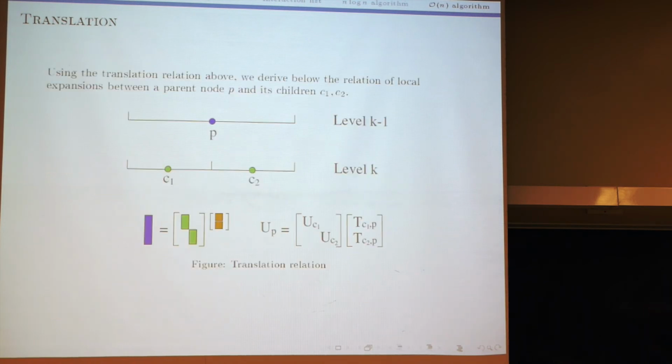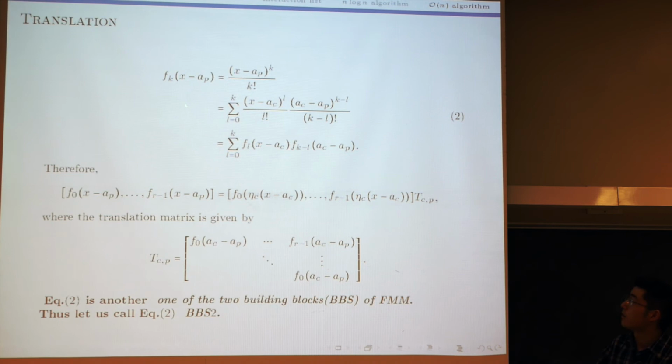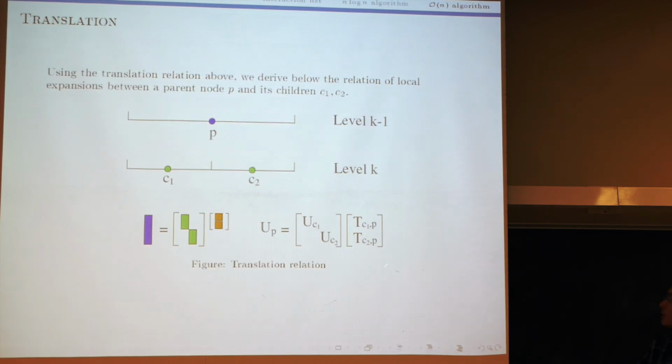Here is an illustration of this factorization. Recall that the function f appears in the definition of matrix U, here in matrix U. And UP depends only on the center of the subinterval P, and similarly for UCI.